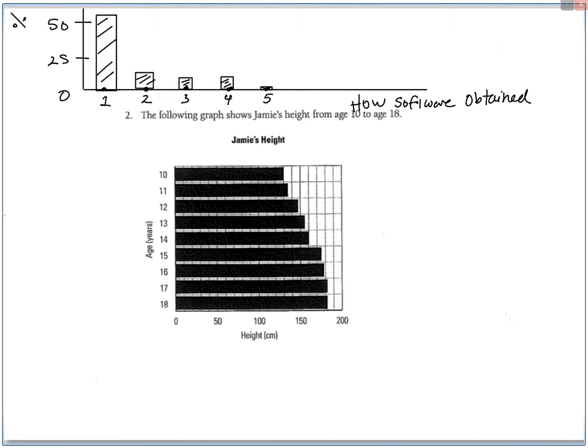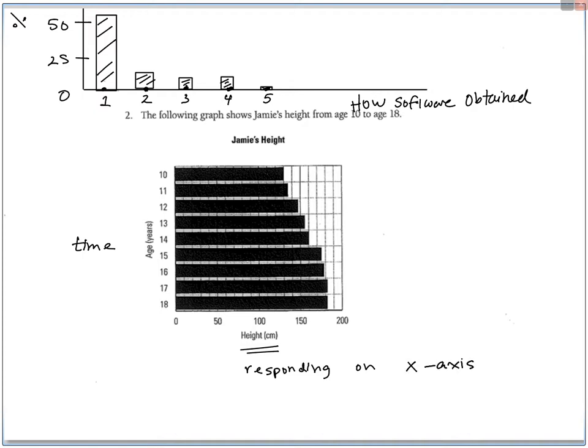Alright, the next question has a vertical bar graph, and you'll notice that it goes against what I've always told you. You can see here that the time is on the y-axis and the responding variable is on the x-axis. So this goes against what I've always told you.